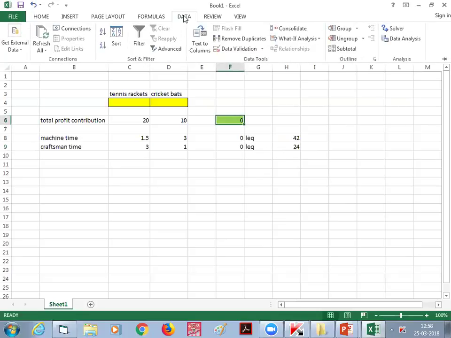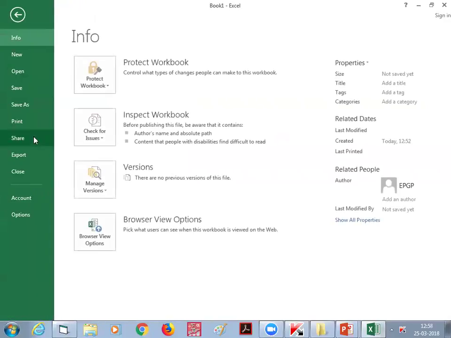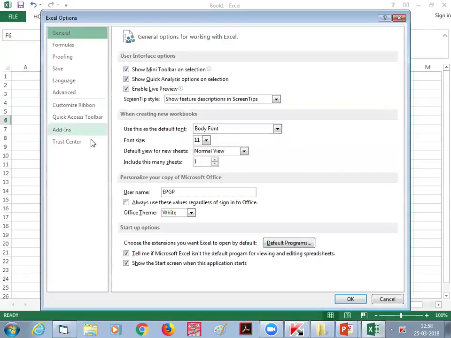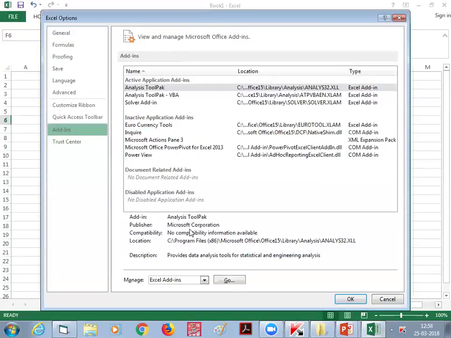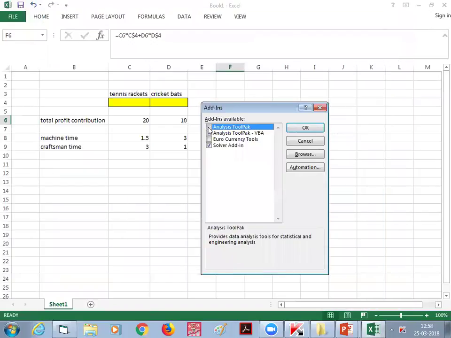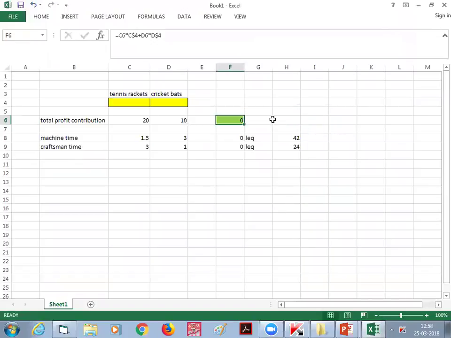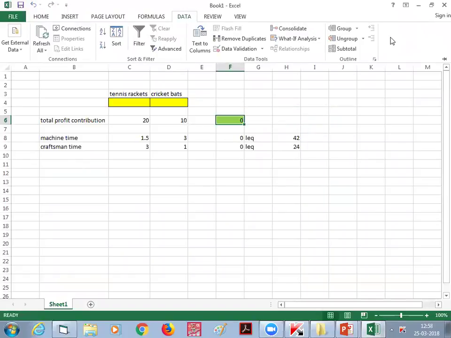Now, solver appears in the data tab on the right-hand side here. By chance, if you go to the data tab and don't find anything on the right-hand side, then we can bring it in as follows.